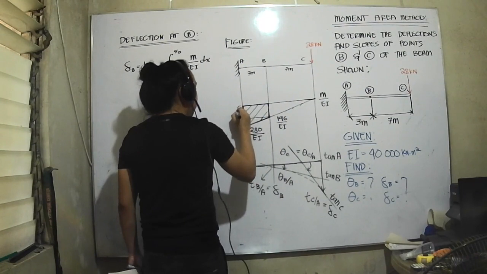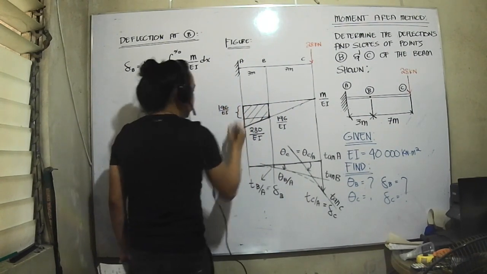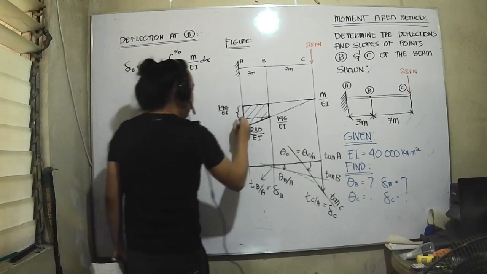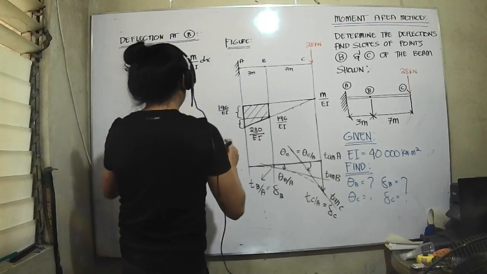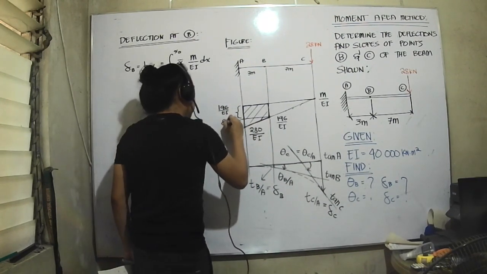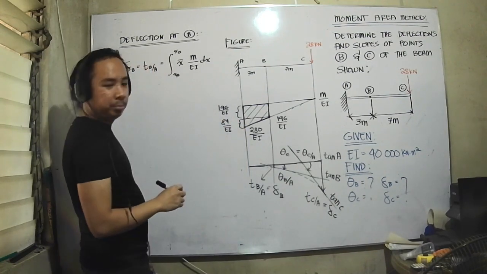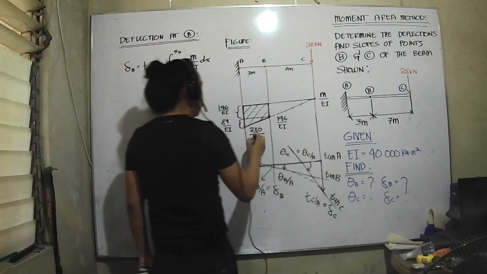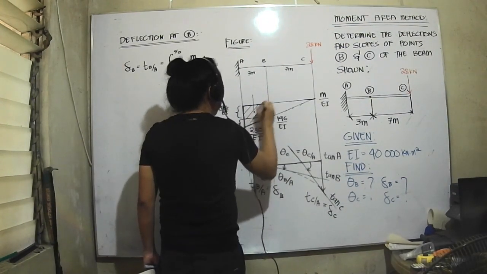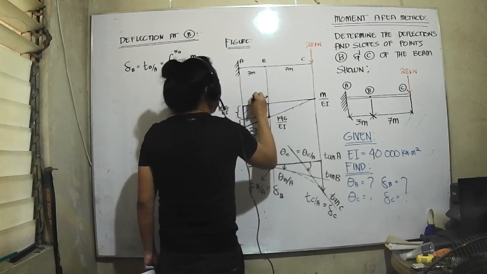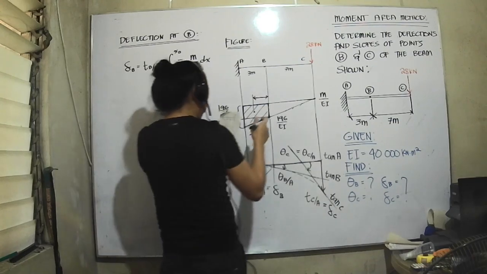We already know that this is just 196 over EI, okay? And this one is 280 minus 196, that should be 84 EI, okay? Now the centroid with respect to this distance should be equal to 3 over 2, or 1.5.